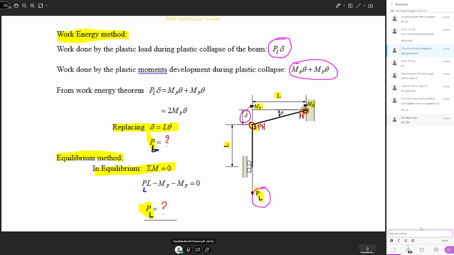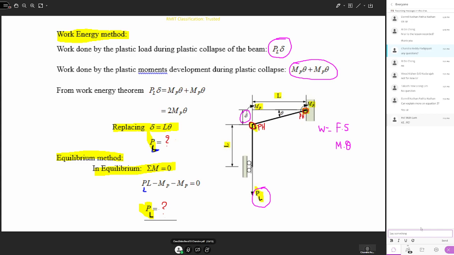Just like you can write F into S, where the force and the displacement are linear, that gives the energy or the work done. When the same force is replaced with the moment M, we replace the linear displacement with angular displacement, M into theta.